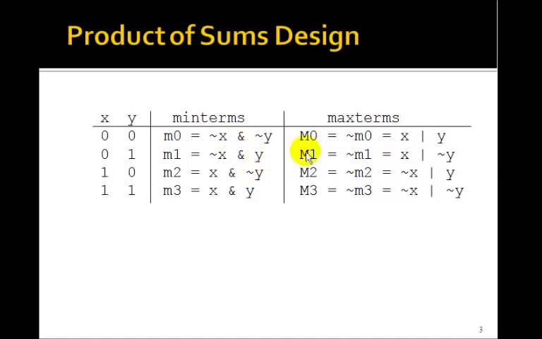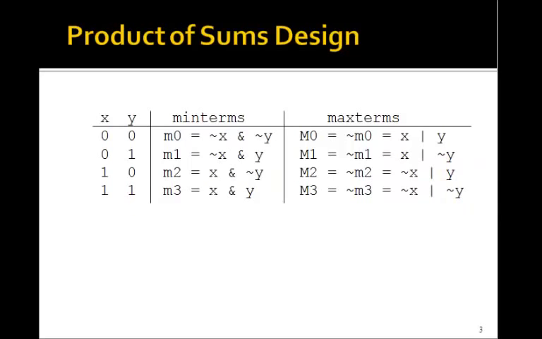And instead of ANDing them, you OR them. So again, it's easy to remember. 0, 0 becomes x or y. This becomes x or not y. Not x or y. And 1, 1 would be not x or not y. So max terms are easy to remember.